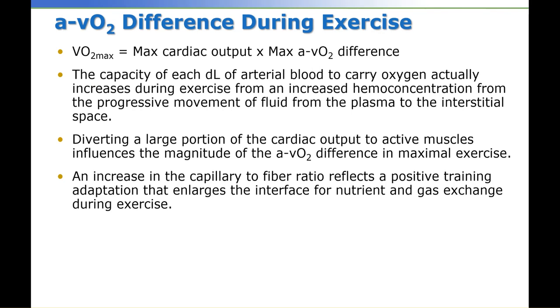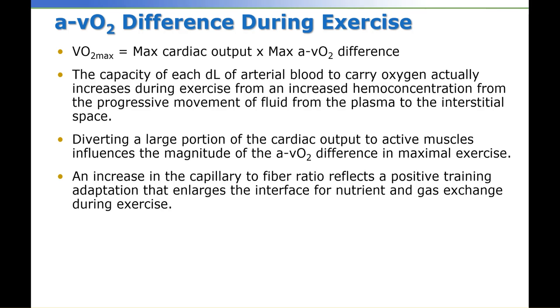So this talks about the arterial-venous oxygen difference, basically the extraction of oxygen. So what happens here is you have VO2 max equals max cardiac output times max AV-O2 difference.